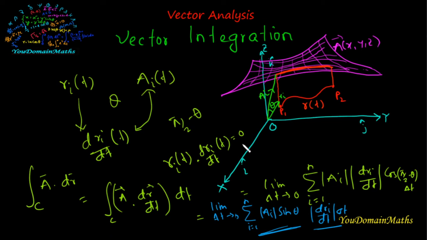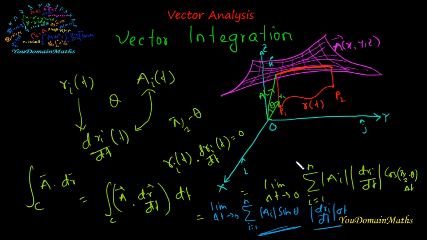It is clear that this is the direction of r dash, because of the derivative of r. So this is the height, or we can say that this represents the magnitude of A_i along the vertical line of r_i. So this is the vertical line, and that means the height of the infinitesimal strip is this.